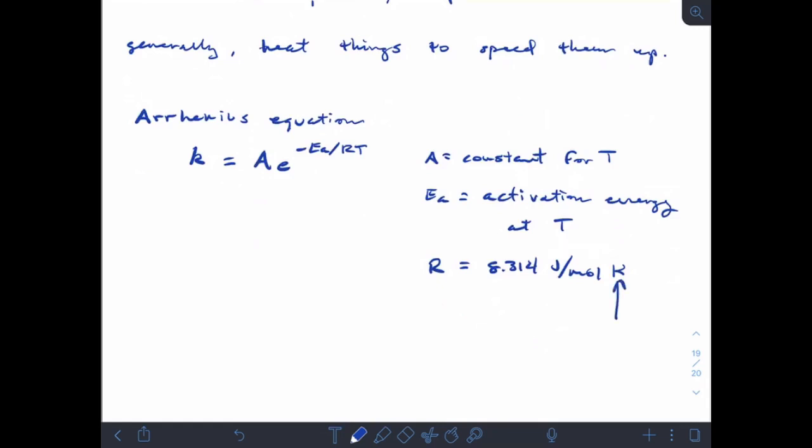Taking note that we are in kelvins for this, okay? So in order to get rid of the e, we take the natural log of the entire equation. We can rewrite this as natural log of k equals negative Ea over RT plus the natural log of A.